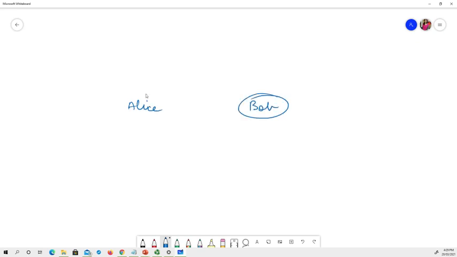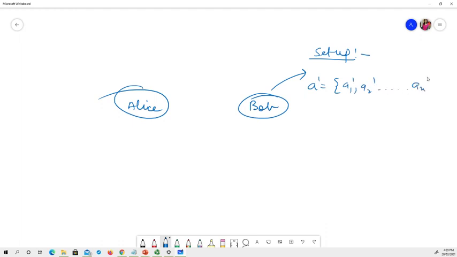So there is this Alice and Bob. Let's suppose that Alice has to send some message. What Bob will do, this is the setup phase. Bob will first calculate A prime, which is a set of some super increasing numbers, which is a1', a2', up to an'.